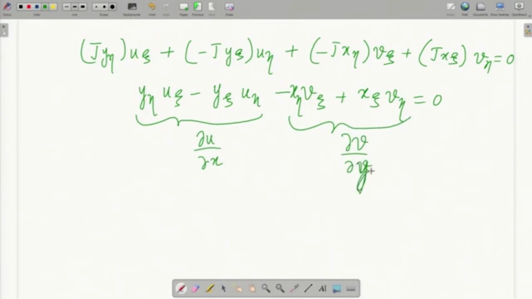So, in the transformed space it looks much more complicated, but nevertheless in this form you can compute all of the terms, because all are differentiations with respect to either xi or eta, and therefore, they can all be computed in the uniform grid that you have created in the computational space.